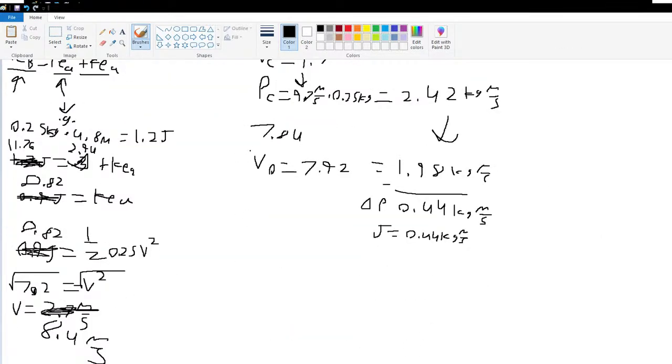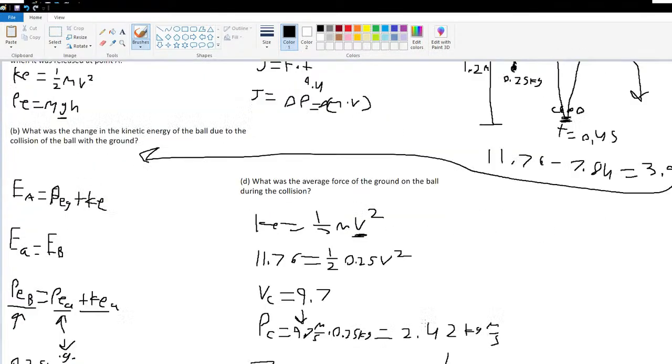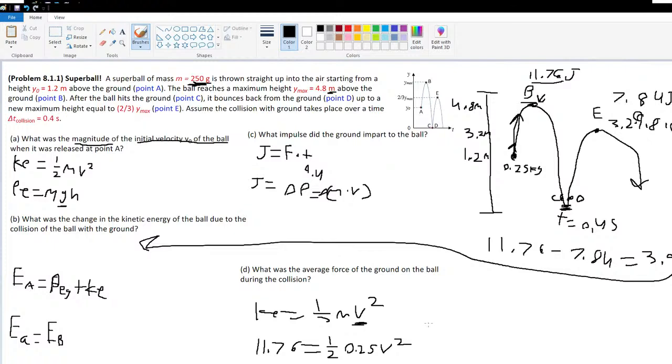0.25 times 9.8 times, what's the 2/3 max height? Oh, 2/3 max height is 3.2 meters. And then, which is 7.84 joules, right? Times 2, divided by 0.25, square root of that. Yeah, 7.92. That's what you got, right?